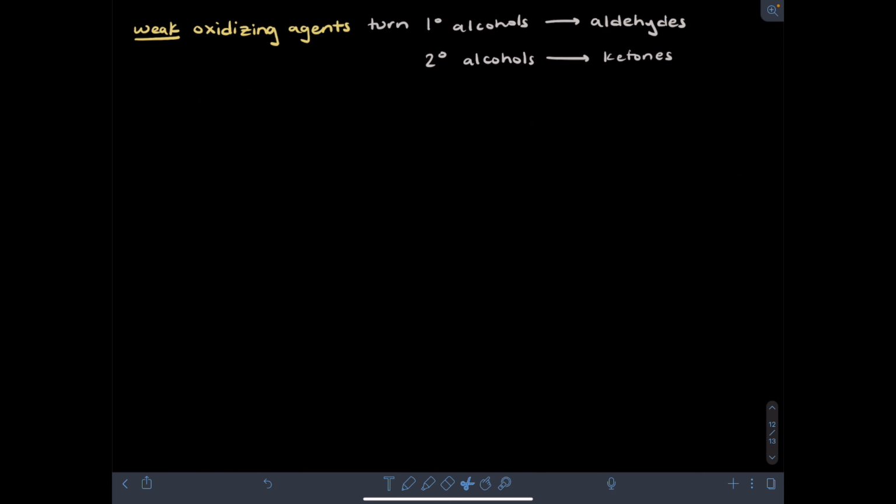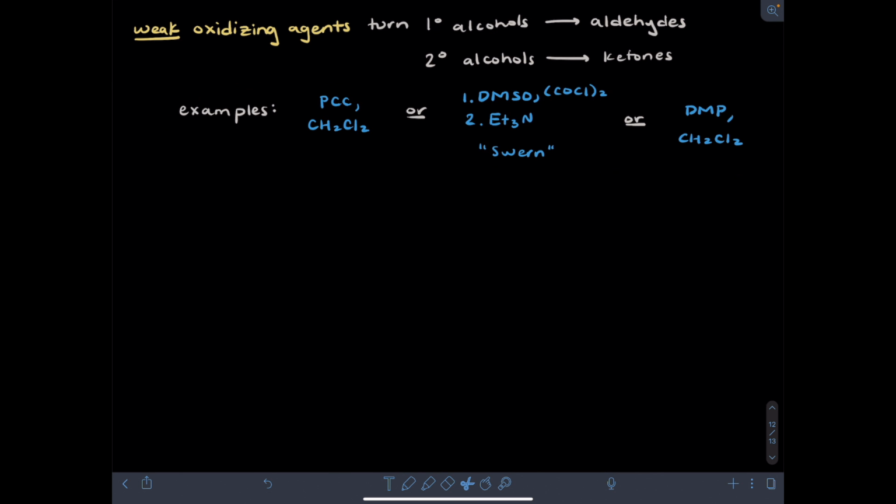I'll term reactants weak oxidizing agents if instead they would convert primary alcohols into aldehydes instead of carboxylic acids, but secondary alcohols will react with weak oxidizing agents to still form ketones. 3 examples of weak oxidizing agents that you'll see are PCC in CH2Cl2 solvent, conditions known as Swern oxidation colloquially, which involve DMSO, COCl2 followed by triethylamine, or conditions known as DMP in CH2Cl2 solvent.